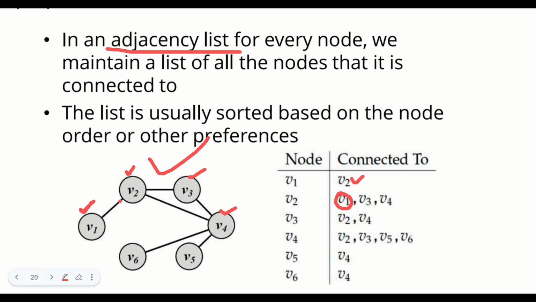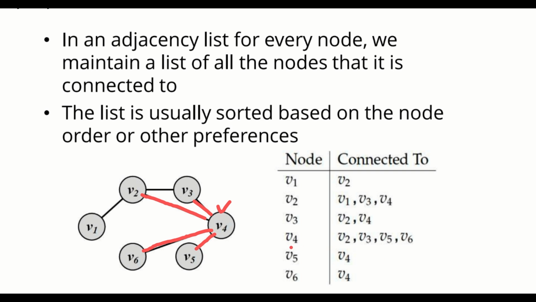Now, let's take the example of V4. V4 is connected to V2, V3, V6 and V5. Like that, we are going to take the adjacency list.